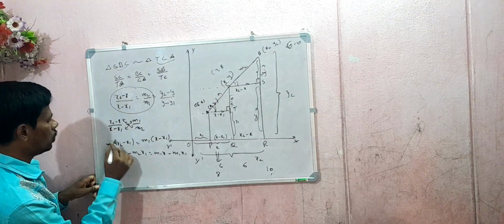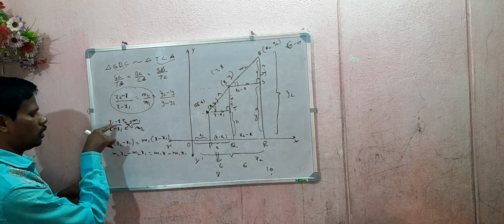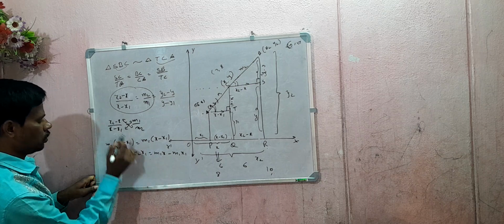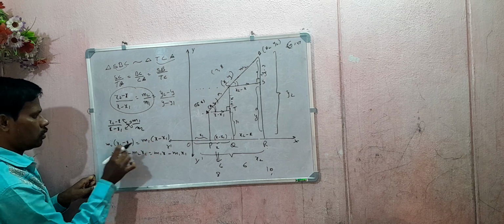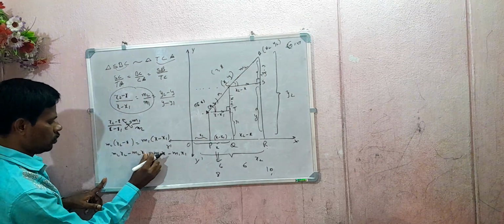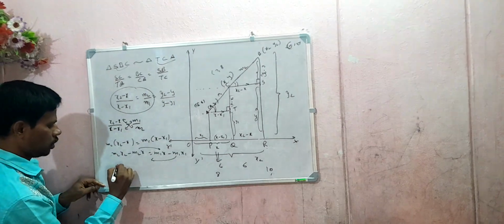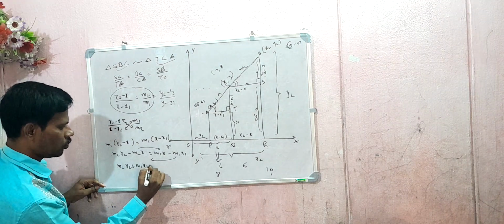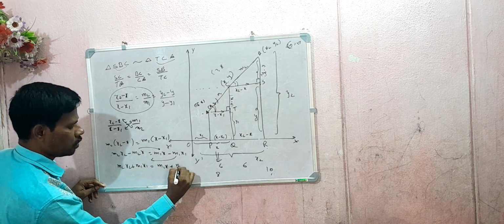Here only one variable is there. Now bring this and bring this here: m2 x2 plus m1 x1 is equal to m1 x plus m2 x.